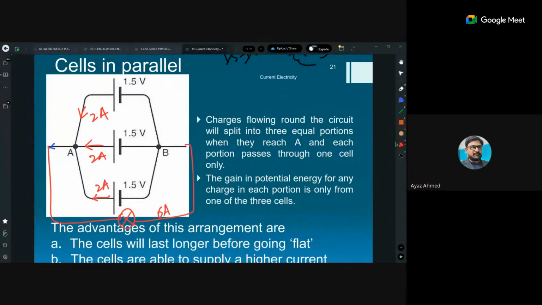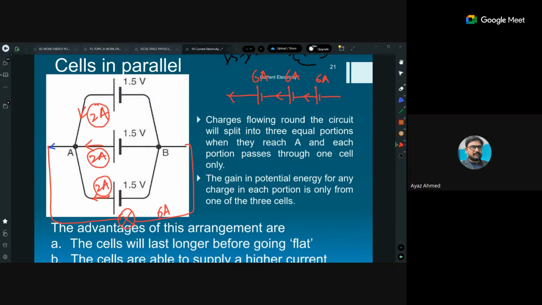That is why if the same batteries are connected in series, then what would happen? Every battery has to deliver 6 ampere current. So that is why they would deliver more current and batteries would drain more quickly in series. But in parallel, the batteries are drained less quickly because the batteries take rest.